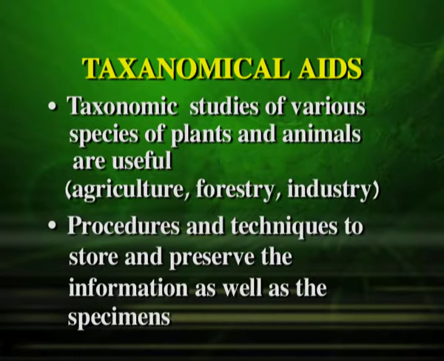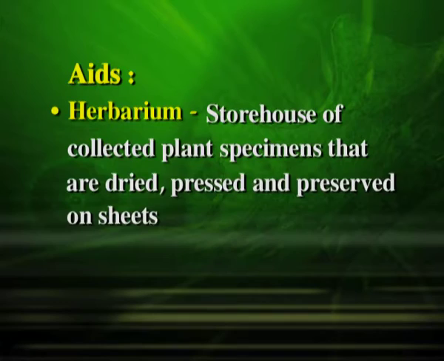Taxonomical aids. A taxonomical aid is a procedure and technique to store and preserve information as well as specimens. The different aids are: herbarium, a storehouse of collected plant specimens that are dried, pressed and preserved on sheets.